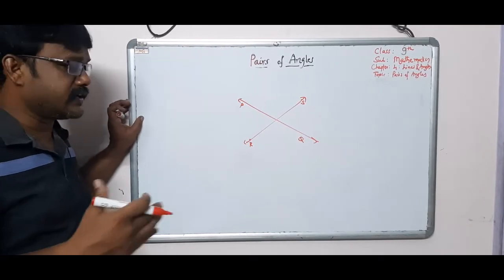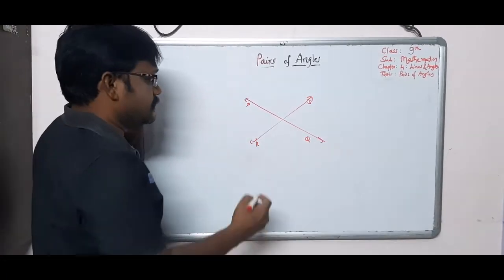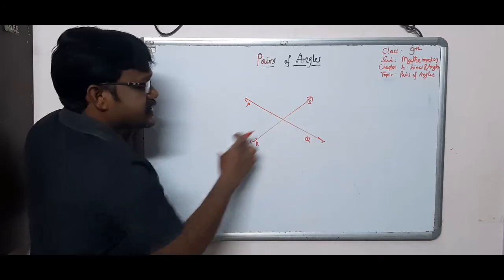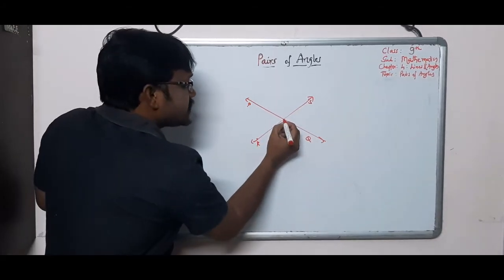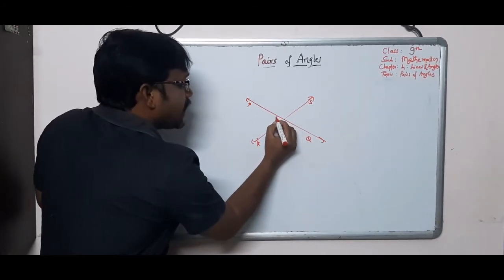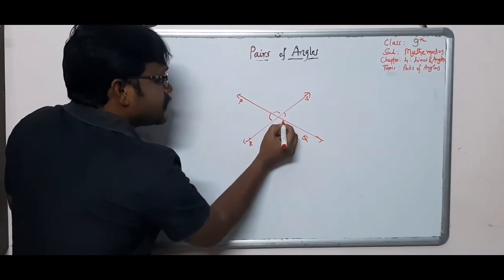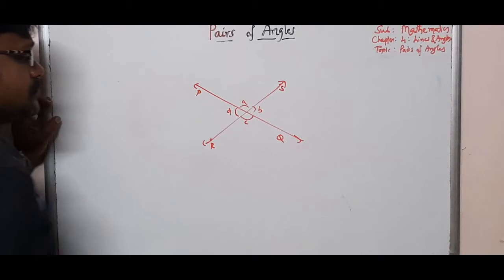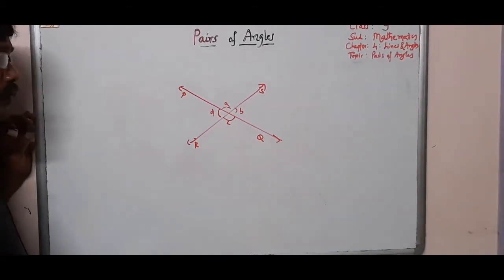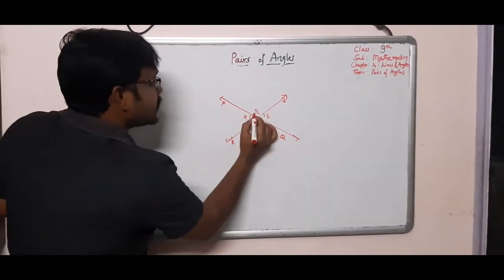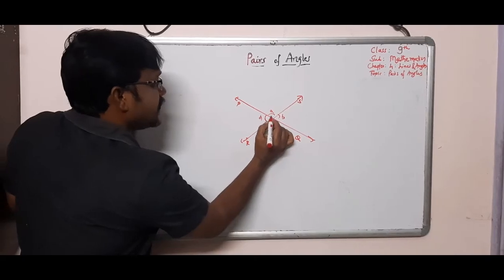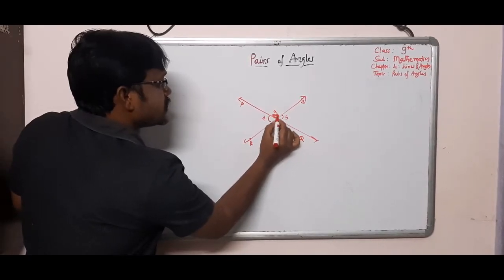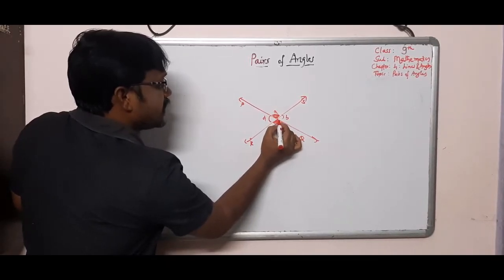Yes, we have learnt about intersecting lines, parallel lines, etcetera. Here two lines are intersecting, and we can see that four angles are formed. Suppose this is A and this is B and this is C and this is D. Observe A and C, don't focus on the other angles.